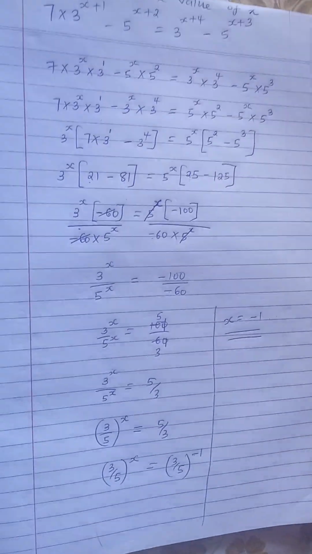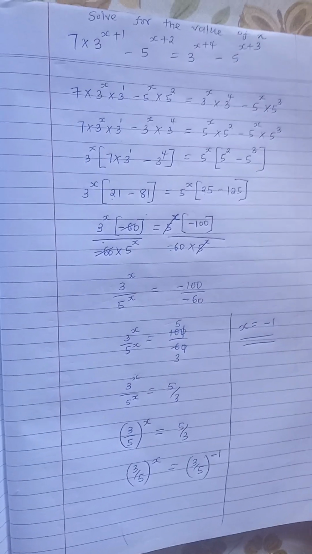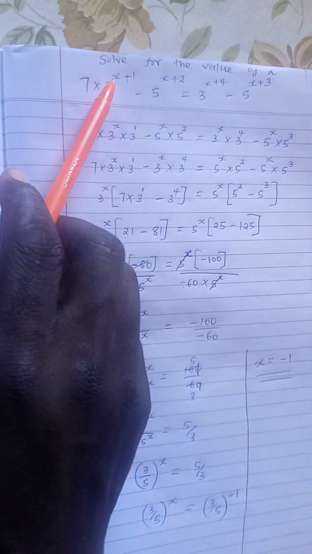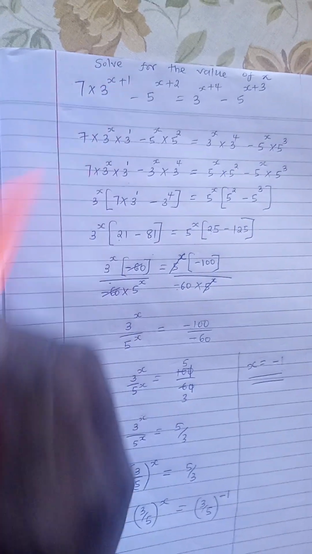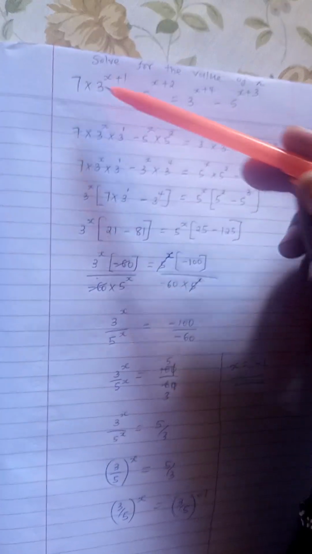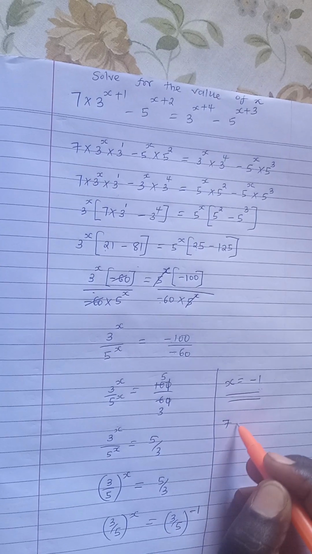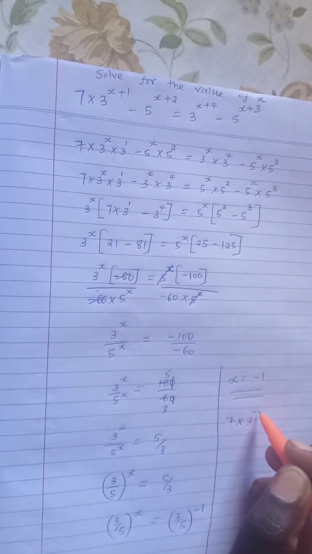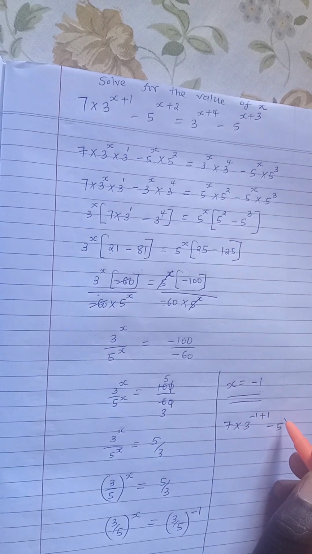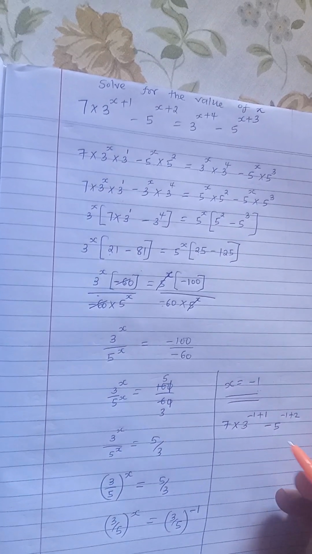That is the value of x, and you can proceed to prove that the value of x is negative 1 by substituting the value of x here with negative 1. For example, on our left hand, we have 7 times 3 raised to power negative 1 plus 1, minus 5 raised to power negative 1 plus 2.